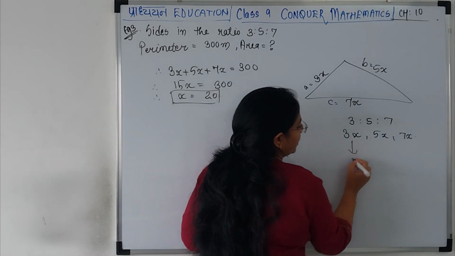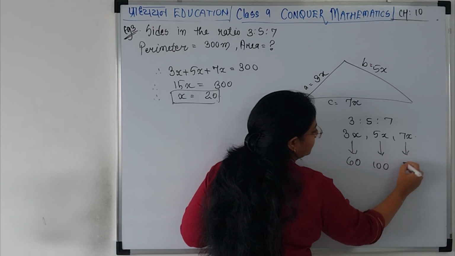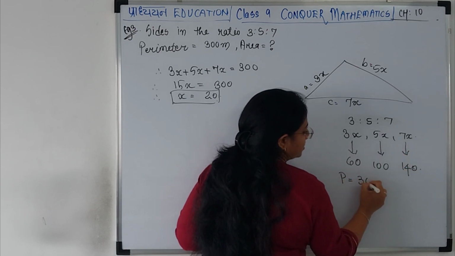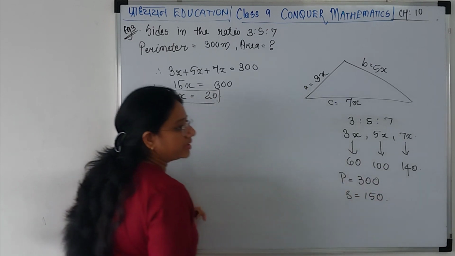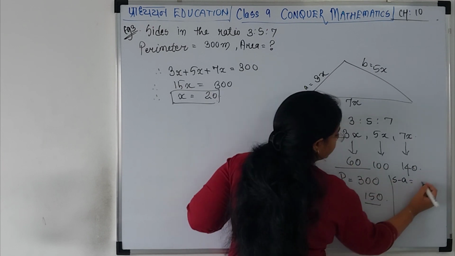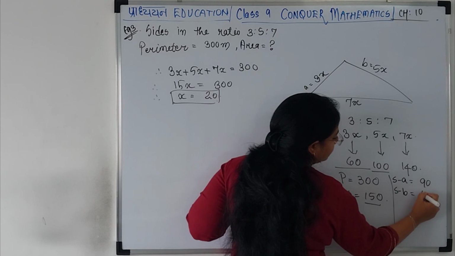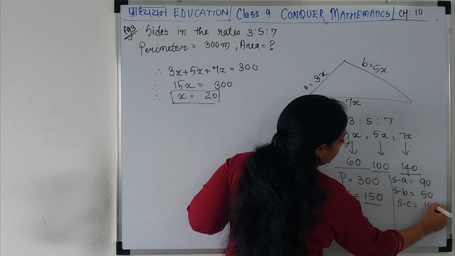So I have this side as 60, this side as 100 and this side as 140. And I have perimeter as 300. Therefore semi-perimeter is 150, half of perimeter. So s minus a is 150 minus 60, which is 90. S minus b is 150 minus 100, which is 50, and s minus c is 150 minus 140, 10.